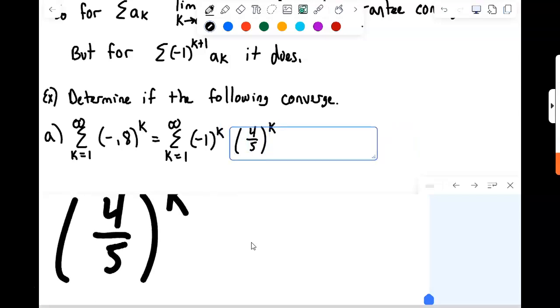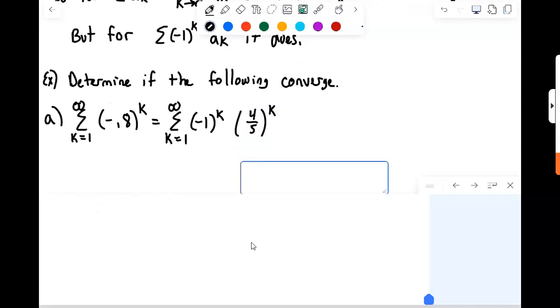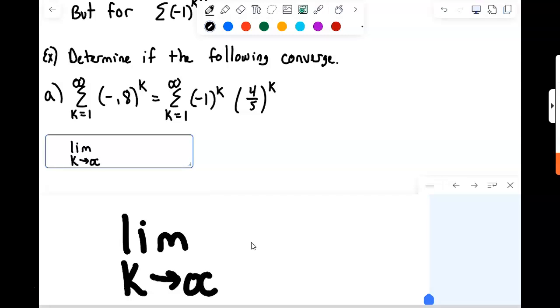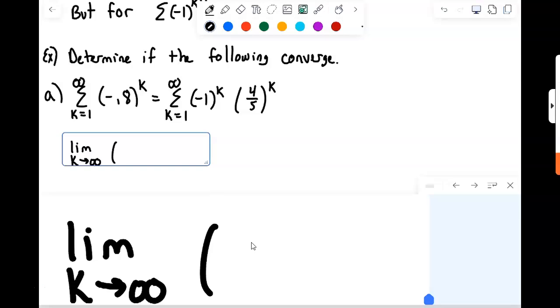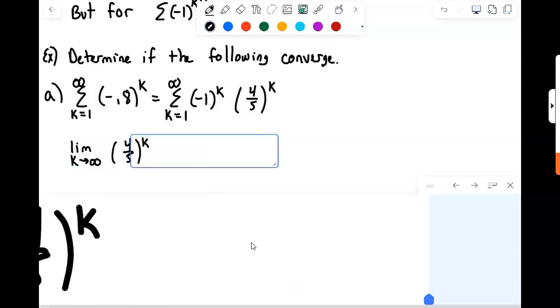So we check off that first condition, it's decreasing. The second question is, does the limit go to 0 as we go to infinity? That's the other condition we need to check. Limit as k goes to infinity of 4/5 to the k. So to work this out, we translate it over to an exponential.